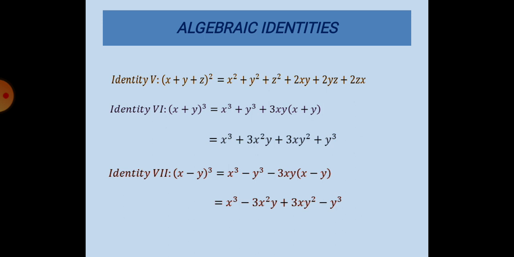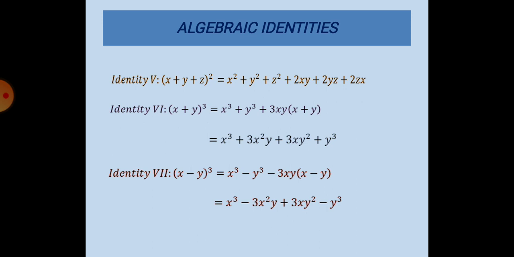That is, x plus y whole cube is equal to x cube plus y cube plus 3xy of x plus y. When we open the bracket 3xy of x plus y, we get it as x cube plus 3x square y plus 3xy square plus y cube.